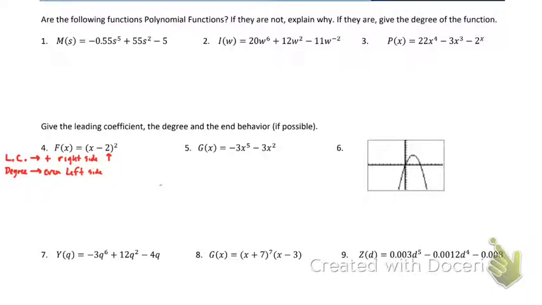That means my left side has to go up. So if this was a graph, and I don't know what the graph looks like to be honest with you, that means the right side will finish up and the left side will finish up.